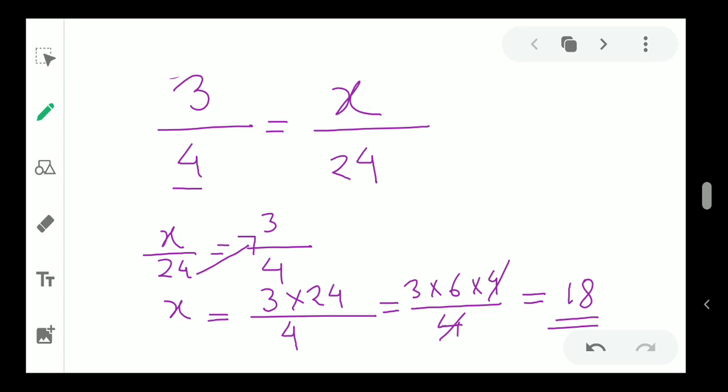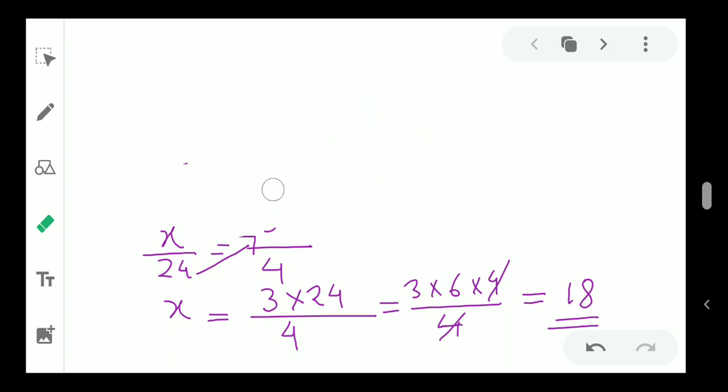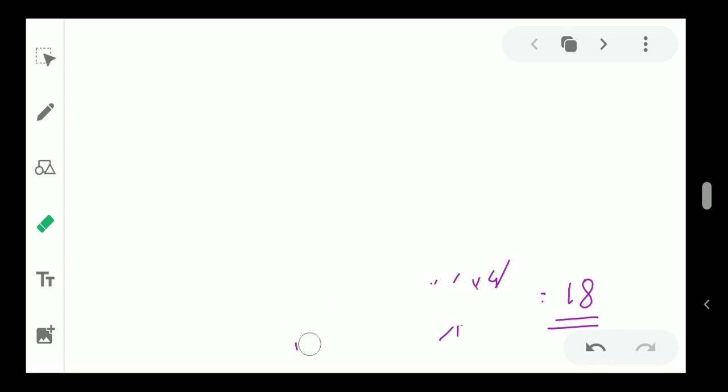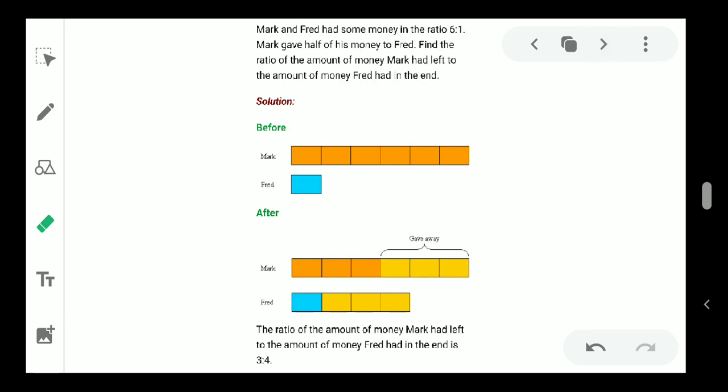Now today we will use algebra to solve some word problems, and we will see the procedure, how to do those things. So I can show you one math problem here. The problem says that Mark and Fred have some money in the ratio 6:1.